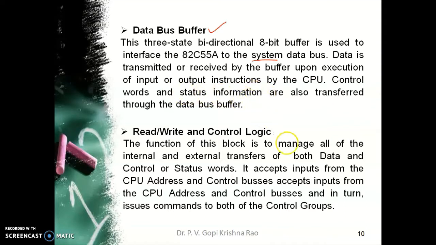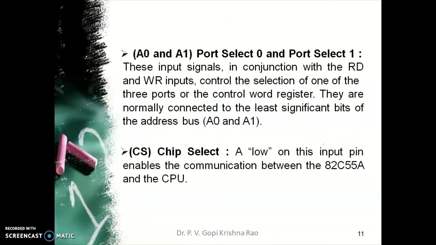The read-write control logic is the brain of 8255. This functional block manages all the internal and external transfers of your 8255, both data as well as control and status words. It accepts the inputs from the CPU address and control buses, and in turn issues commands to Group A and Group B of your 8255.